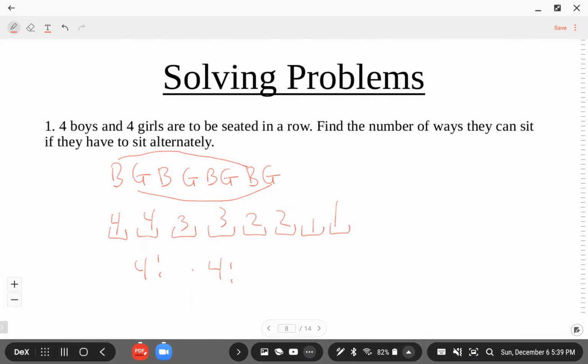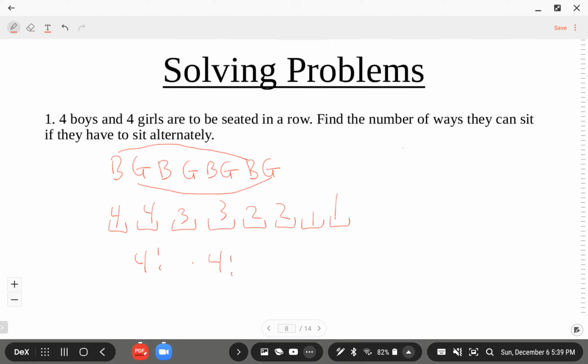But make sure, because it's not always going to be boy, girl, boy, girl. You can have girl, boy, right? That is also a possibility. So when you're solving problems like these, make sure you count girl, boy, or boy, girl, whichever one you miss.